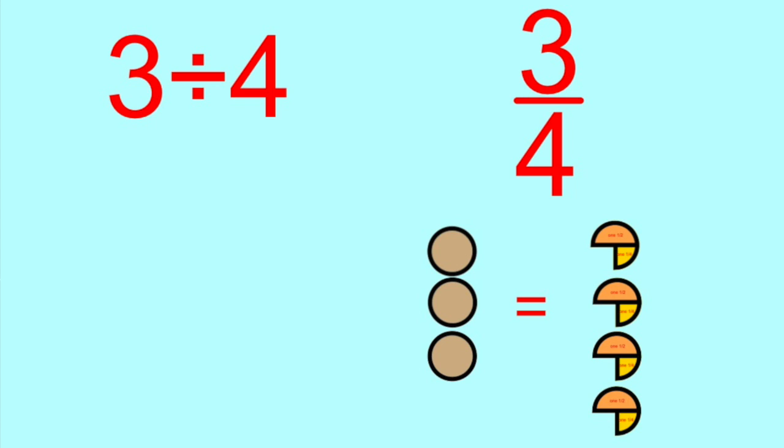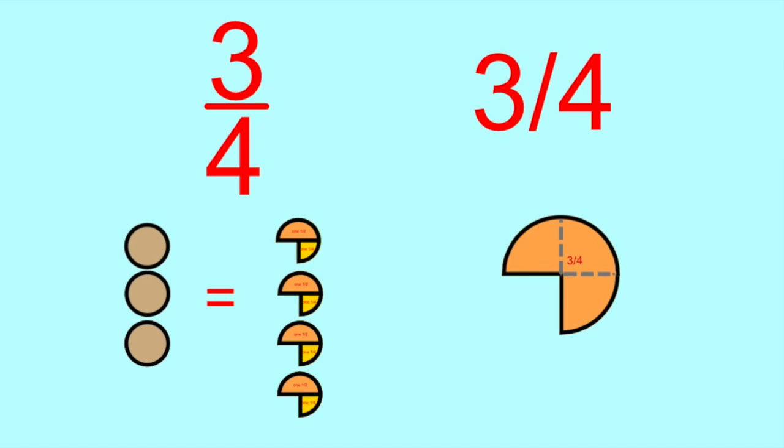So there you go, we can look at that fraction, and we can see that one way of looking at the fraction is saying that it's 3 divided by 4. 3 over 4. 3 divided by 4. It's also the answer of what each of those people gets.